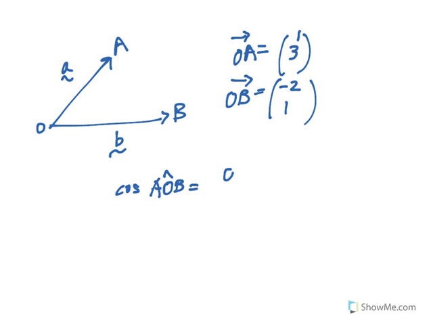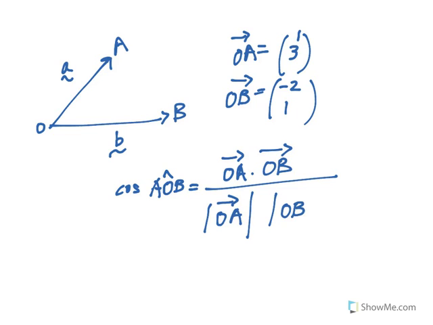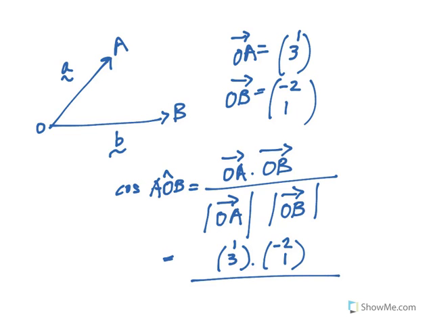This will just be the scalar product of OA and OB over the magnitude of OA and OB. Right, and if you were to write it out, this will be (1, 3) dot product with (-2, 1) over square root 10 times square root 5, which will be approximately 0.141.